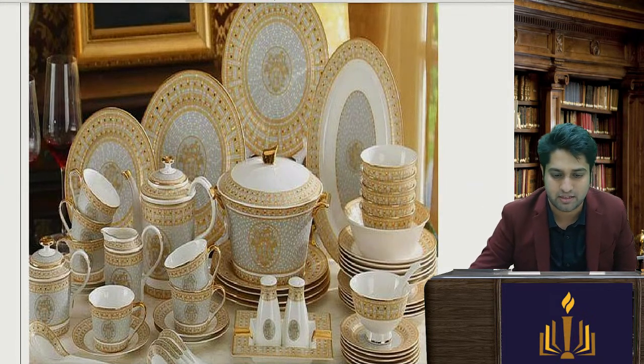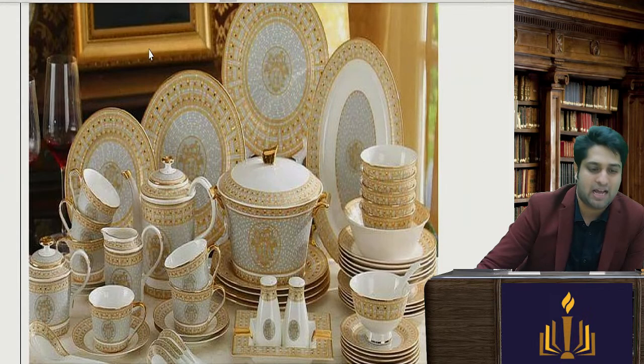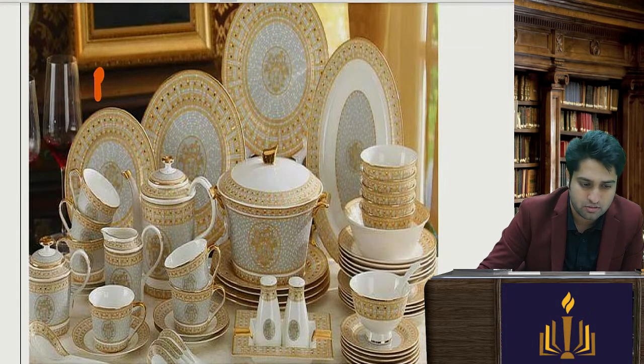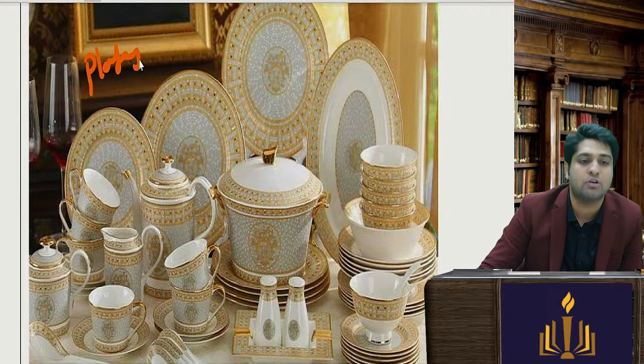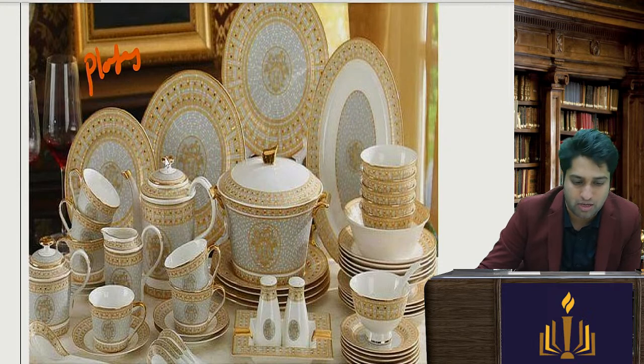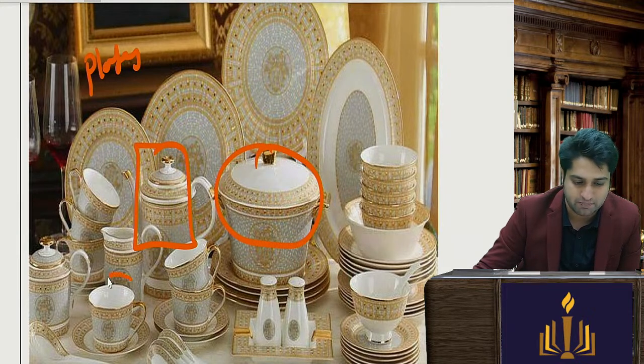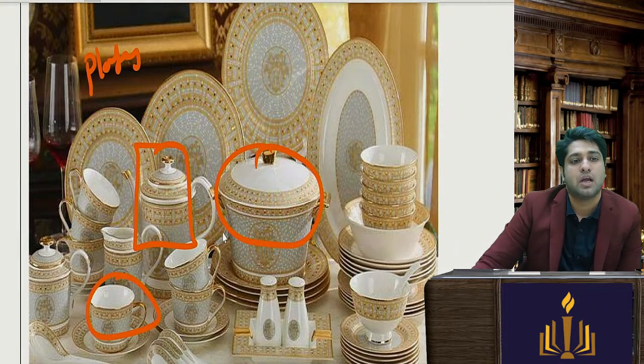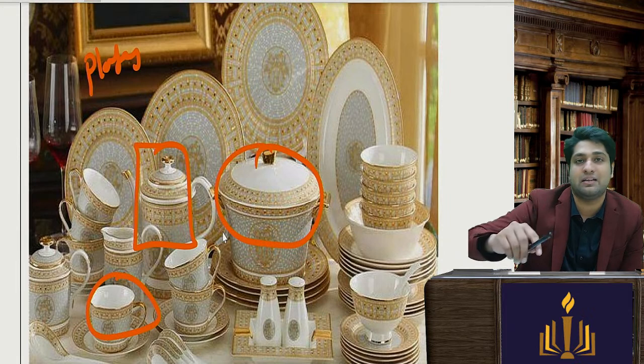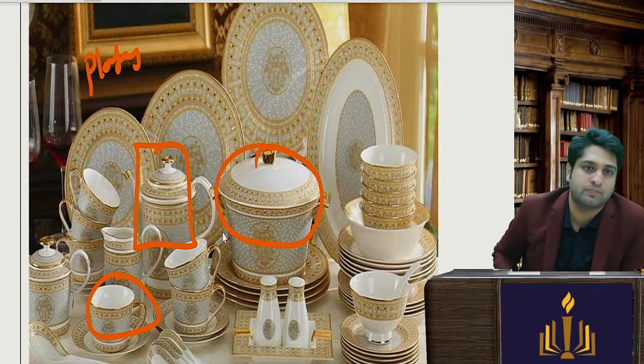Now this design I had done for plates, and for the plates I had got myself registered. Now this same design I want to apply on the jar, on the bowls, on these other things as well, the cups. Now will the design be applicable on others as well?